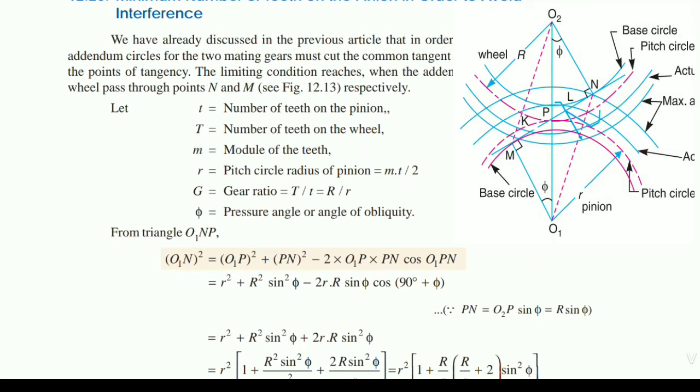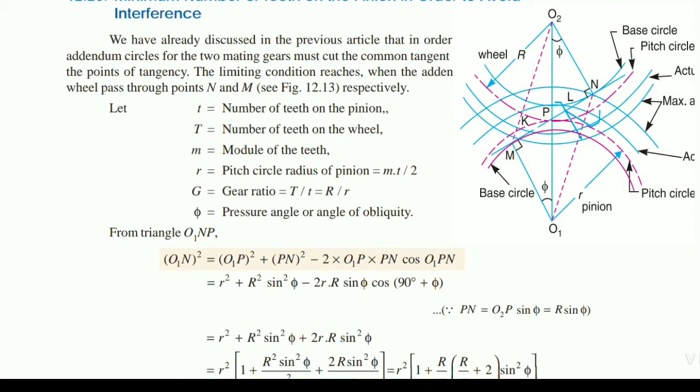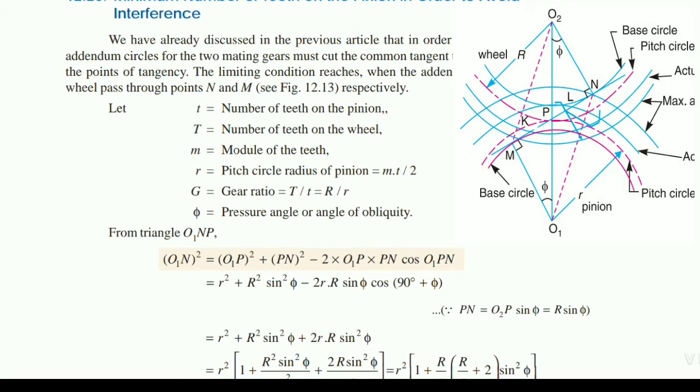Small t is the number of teeth on pinion, capital T is the number of teeth on wheel, and m is the module of the teeth. Module is a constant fixed value, like 1 centimeter, 2 centimeter, for every tooth.